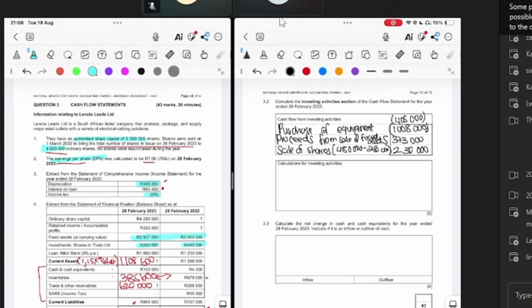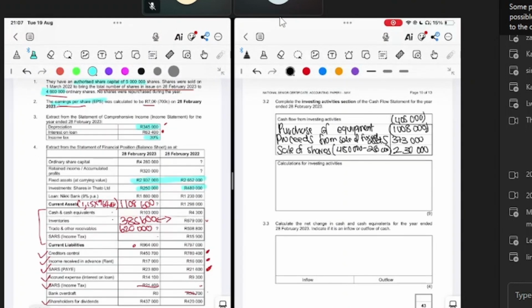We didn't have financing, and we have enough information for operating, but we don't need to do that. The second method is to use the opening balance of your cash and cash equivalents and your closing balance, and we have that information here. So cash and cash equivalents, we have them here, 108,000 and 4,300.